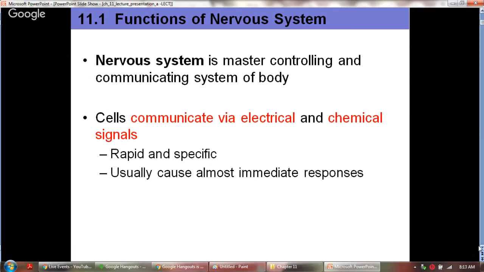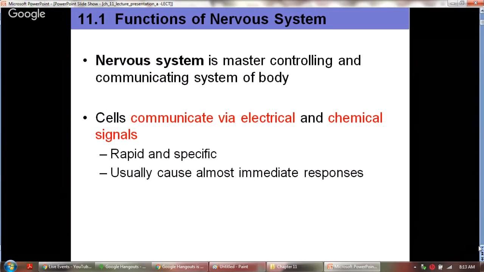Understanding the nervous system is important because it is related to the application of certain drugs and chemicals, as well as to understanding certain diseases, which requires understanding the very basics of its components. The nervous system is the master controlling and communicating system of the body.